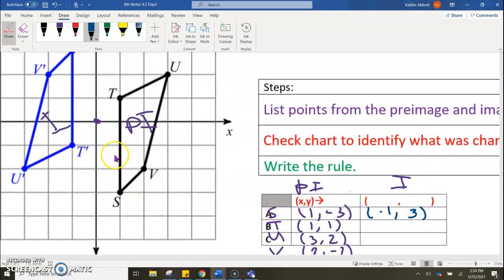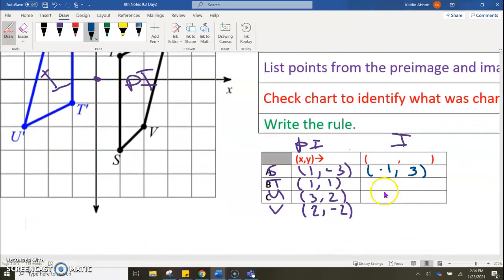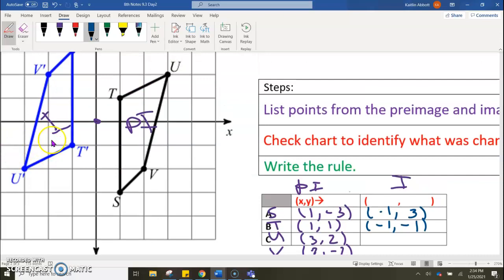Okay, now we're going to do T. T is negative 1, negative 1. U is go 1, 2, 3, negative 3, and negative 1, 2.